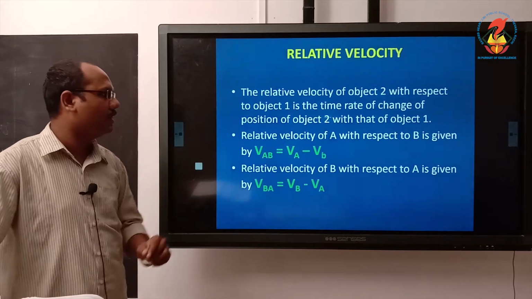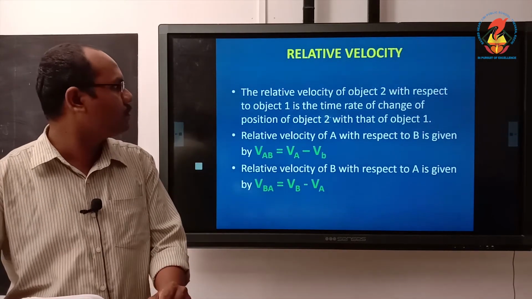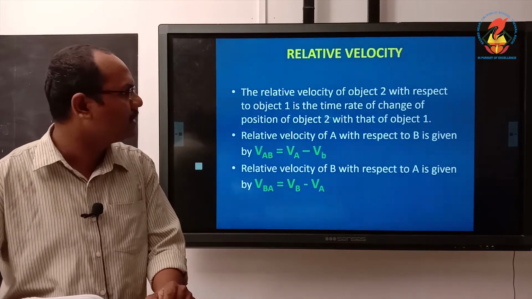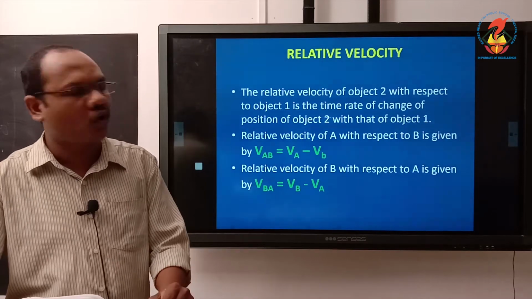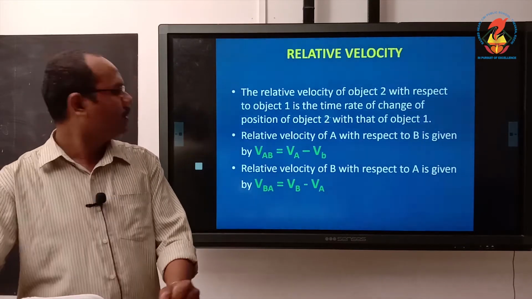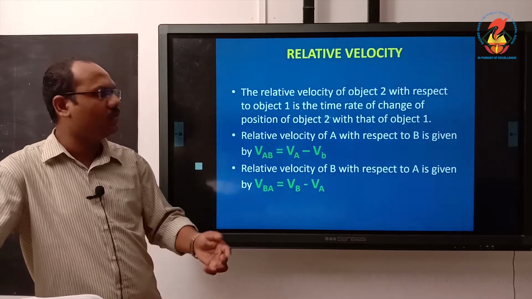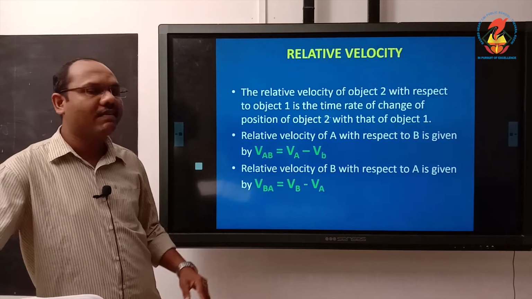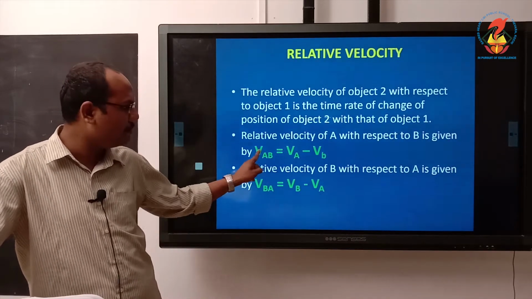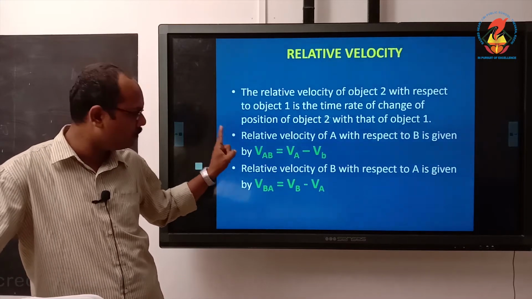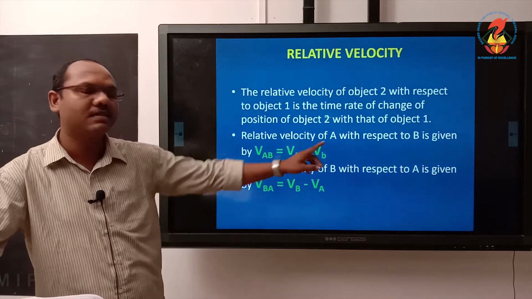Relative velocity of object 2 with respect to object 1 is the time rate of change of position of object 2 with that of object 1. So we say, relative velocity of A with respect to B is given by VAB, which is equal to VA minus VB.